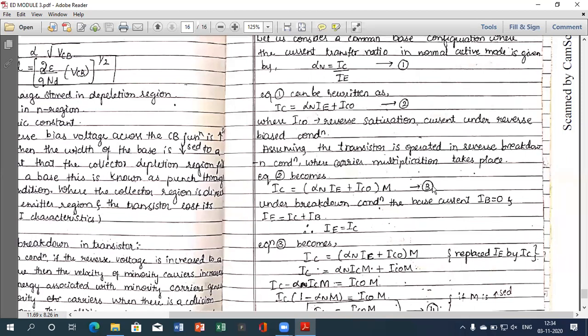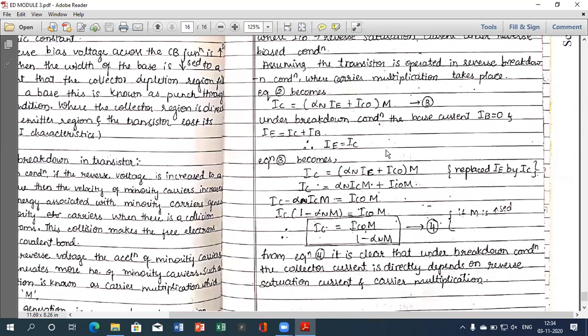Now, what happens to equation 3 if I replace IE by IC? We will get IC equals alpha n into IC, because IE is replaced by IC, plus ICO into M. Now, what I need is IC only.